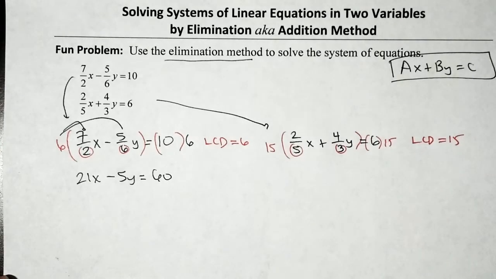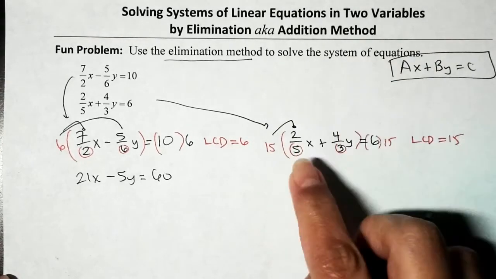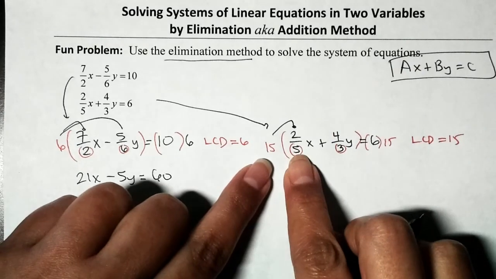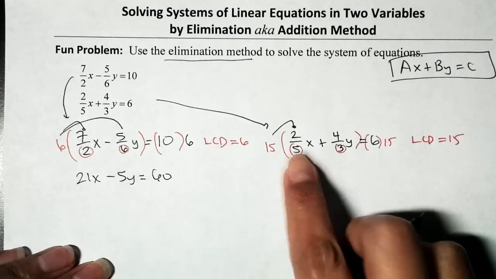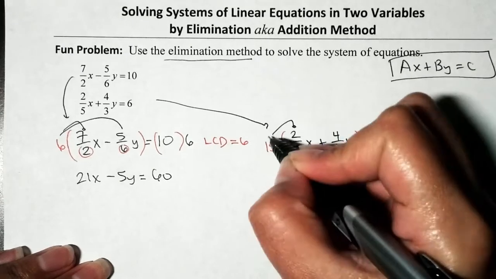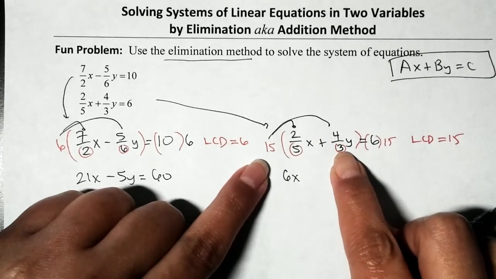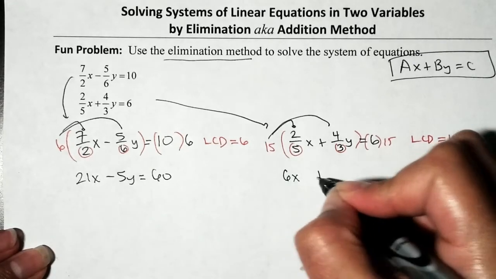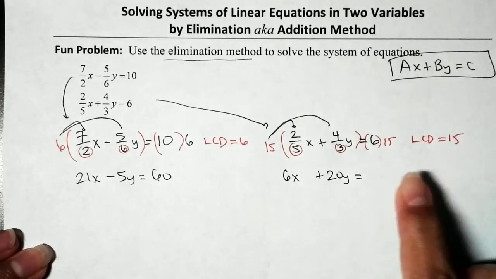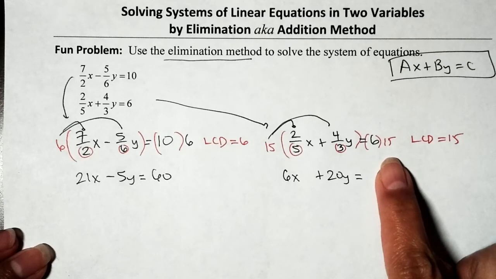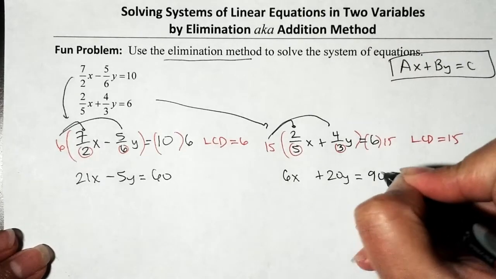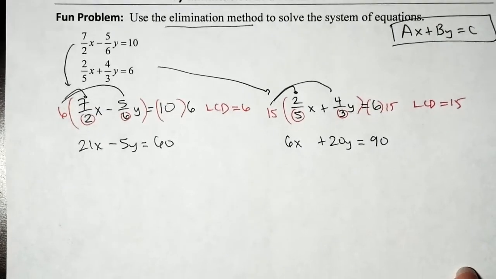Keeping our cool, 15 times the first term, 5 goes into 15 3 times, and 3 times 2x is 6x. Next, 3 goes into 15 5 times, and 5 times 4y will give us 20y. Cool. The product of 15 and 6 should give us 90. I didn't do that in my head, I just copied my notes.